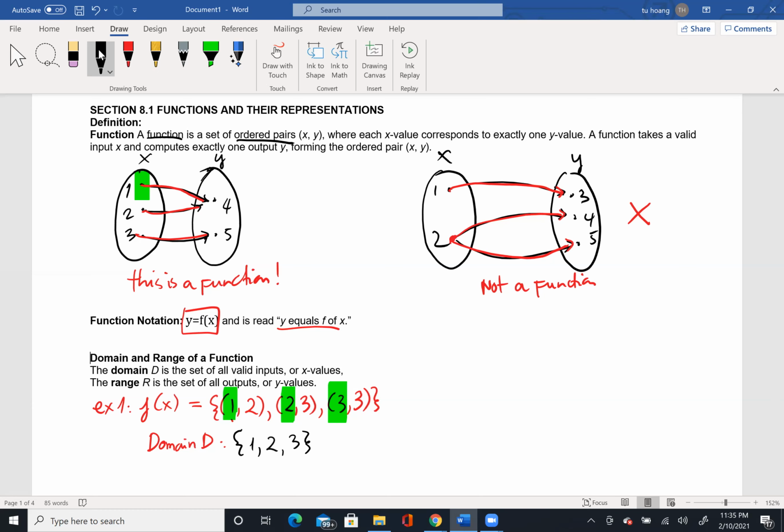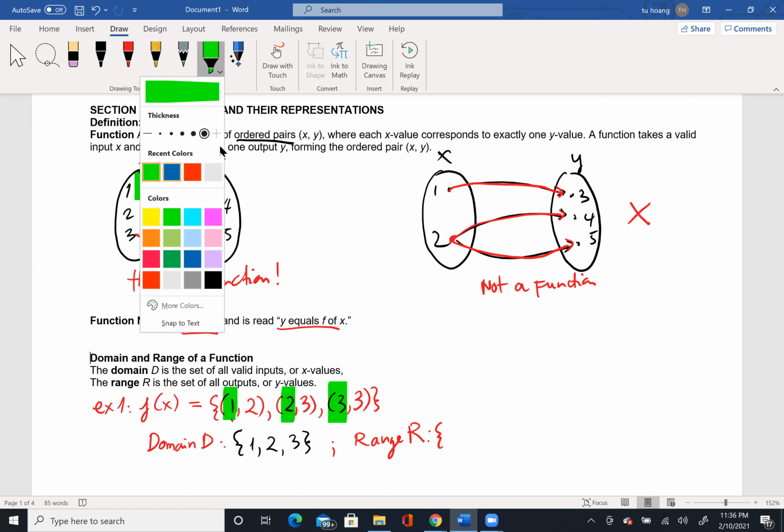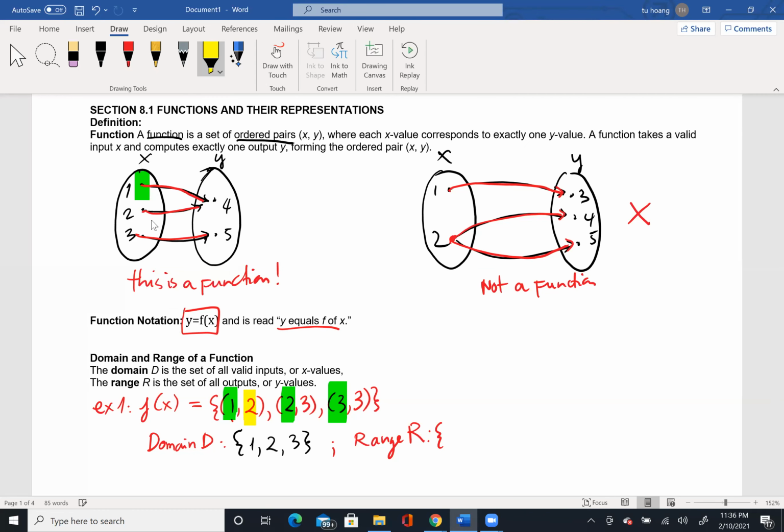What is the range? The range is going to be, let me use the yellow one, the set of all outputs, all the y values. So here it's 2, 3, 3, or just 2 and 3, right?